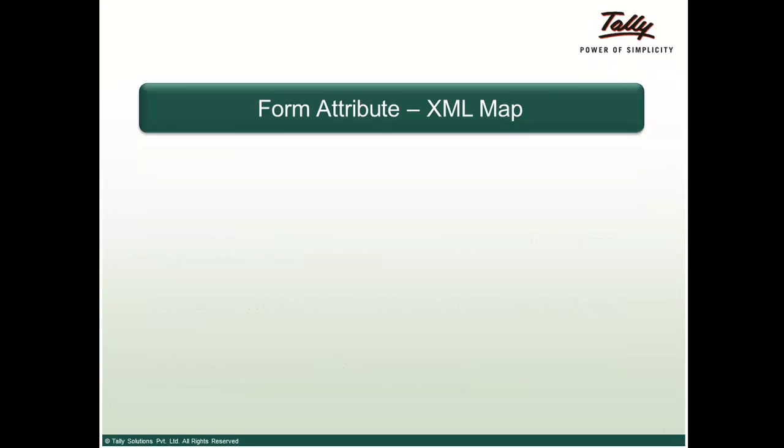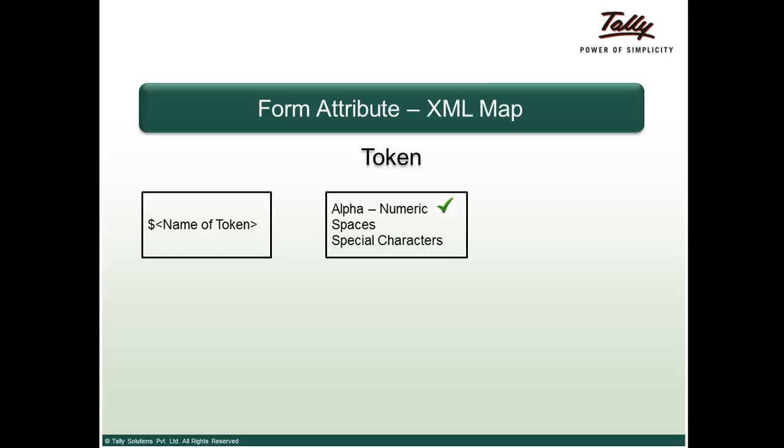Now, let us look at the concept of token and usage of XML map in detail. So, what is a token? Token is a dollar prefix text specified in the document where the name of the token is an alphanumeric value without any spaces and without any special characters.